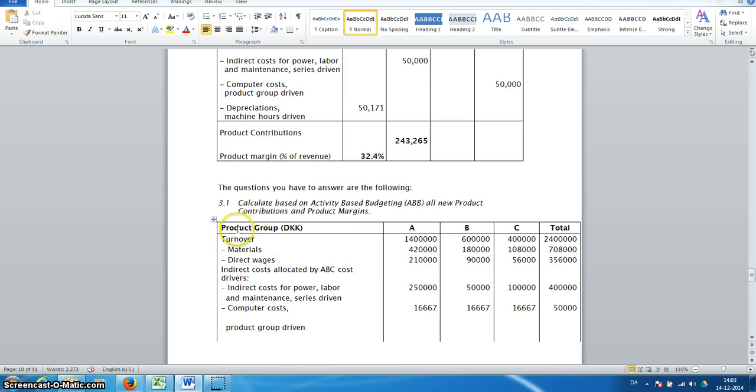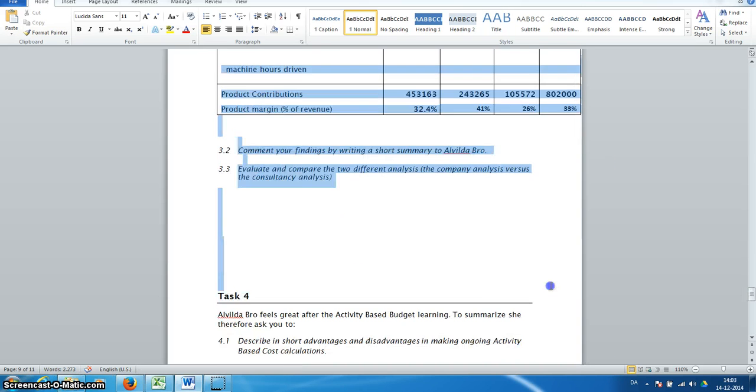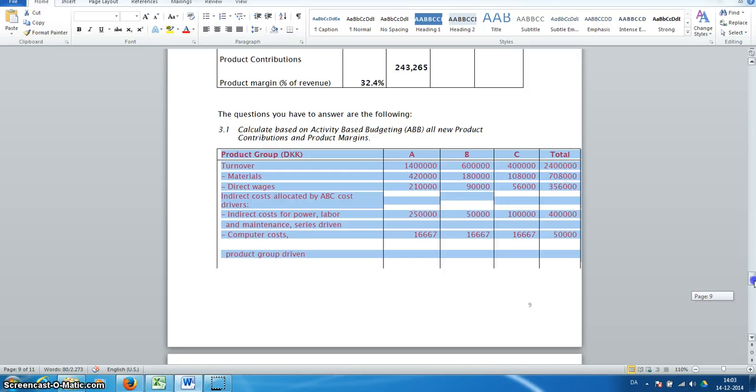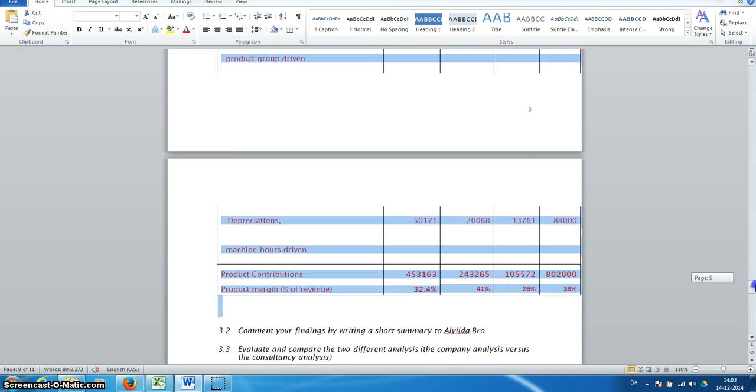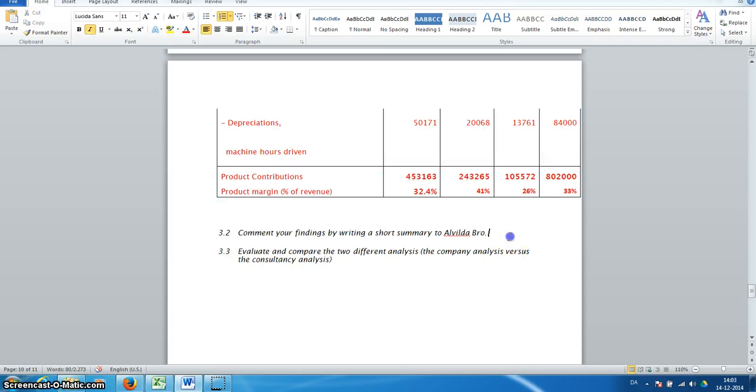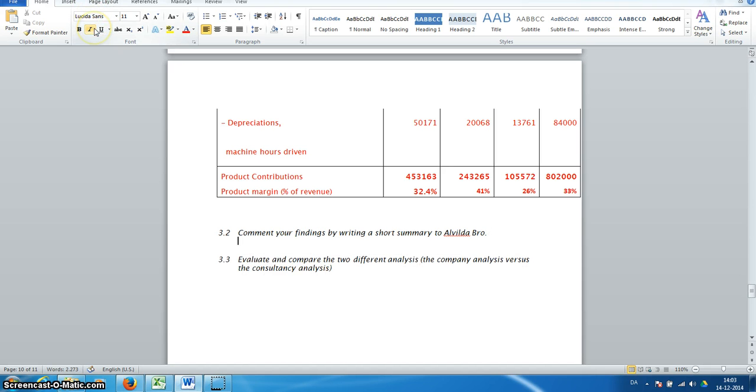And that's basically it. We can cover it all, or color it all red. And we should write a short summary to Alvilda Bro to explain what we have found out.